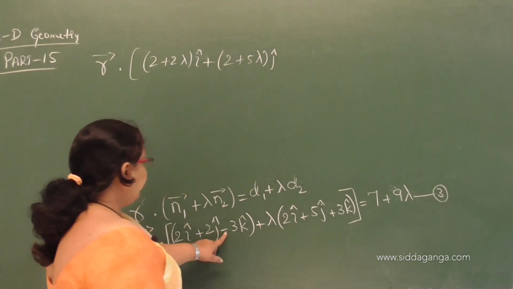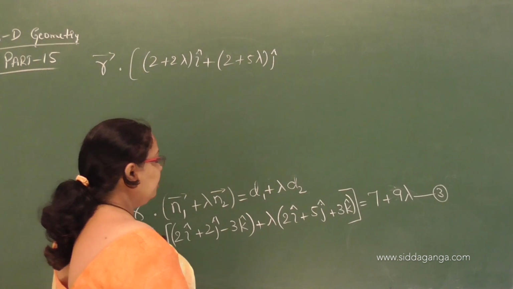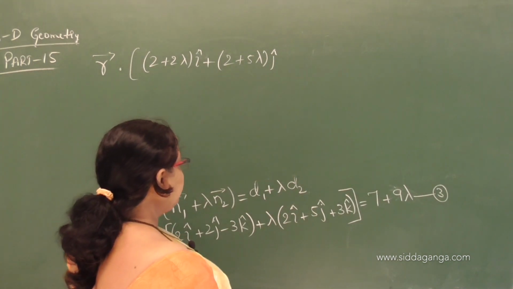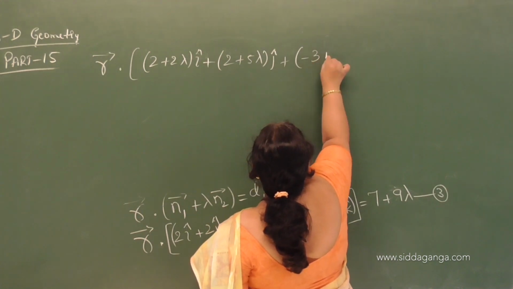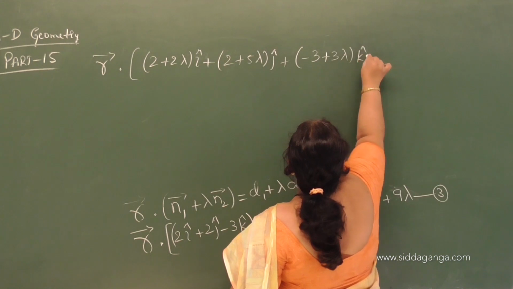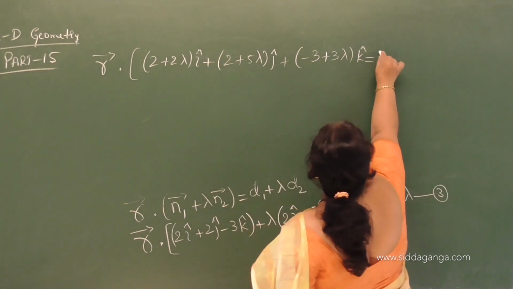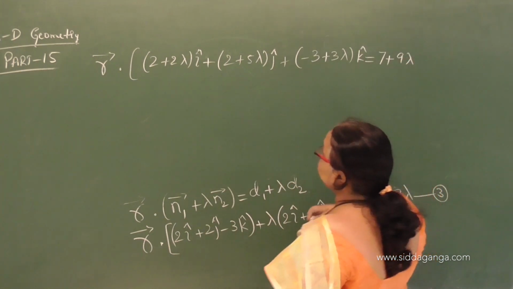Here there is minus 3k and plus 3k lambda, so take k cap common: minus 3 plus 3 lambda into k cap. It is equal to 7 plus 9 lambda.